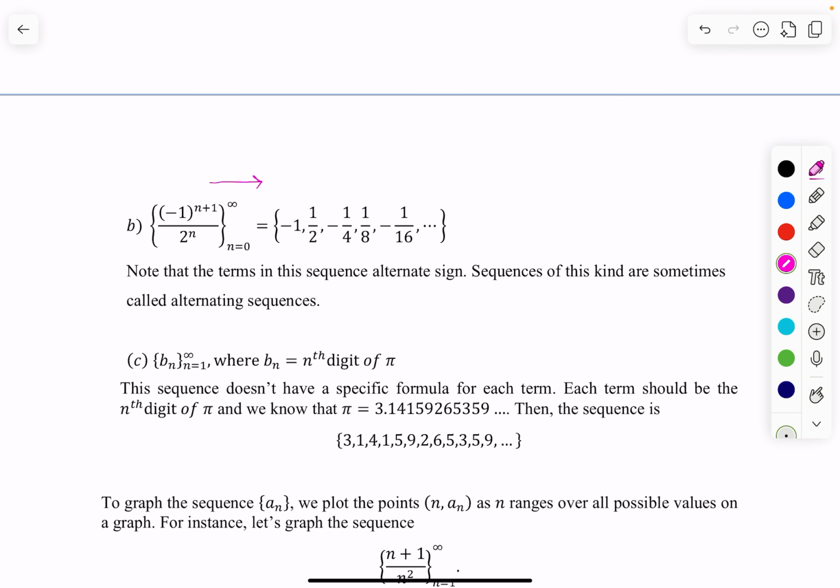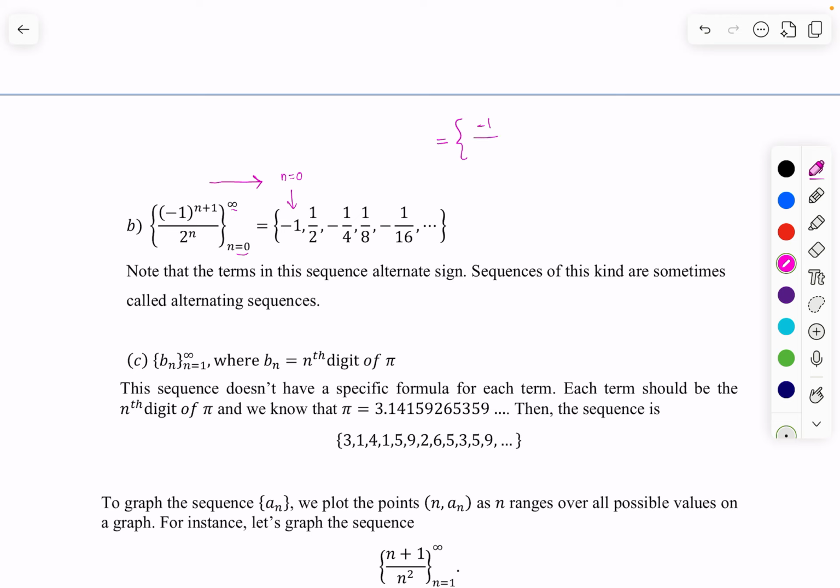So if you expand this one, this is for the case when n equals 0. Notice that for this sequence, n starts from 0 until infinity. So when n is 0, negative 1 to the power of n plus 1 means negative 1 to the power of 0 plus 1, you get negative 1 to the power of 1, that is negative 1.